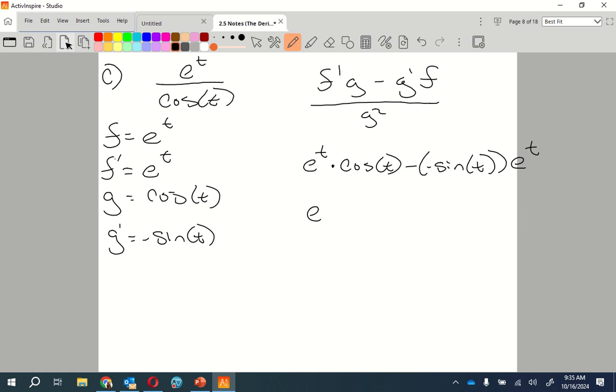So it's going to be E to the T cosine of T plus E to the T sine of T. Are we happy with that? I forgot to divide. Thank you. See? Seeing if you guys are actually finally paying attention. So that's going to be G squared.